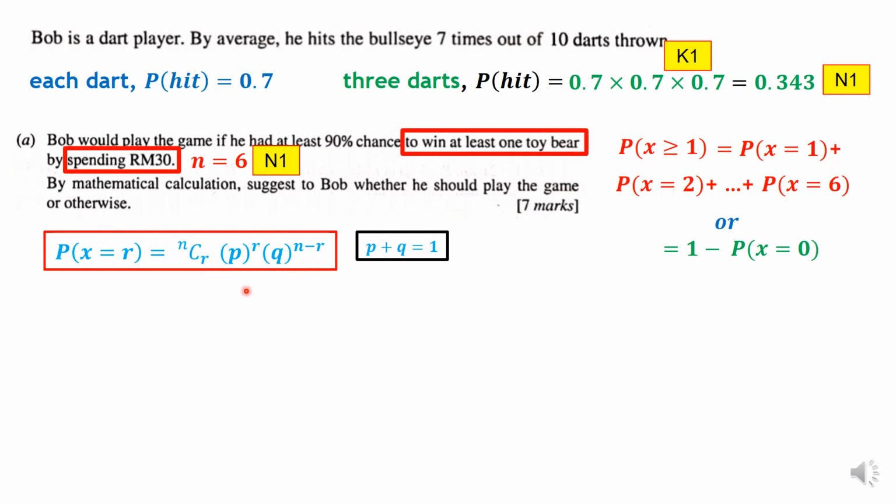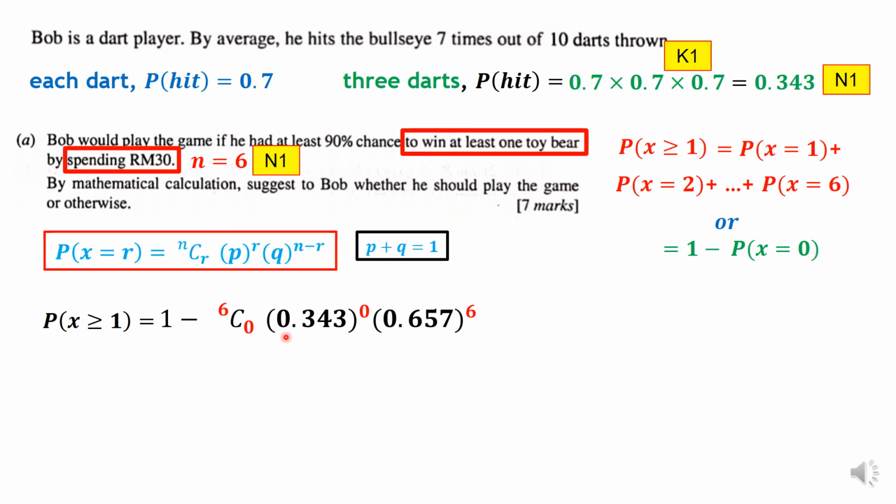Okay, then we go on by this, the probability to win at least one toy bear. So we are going to use 1 minus P(X equals 0). So it should be 1 minus, my n is 6, my r is 0, right?